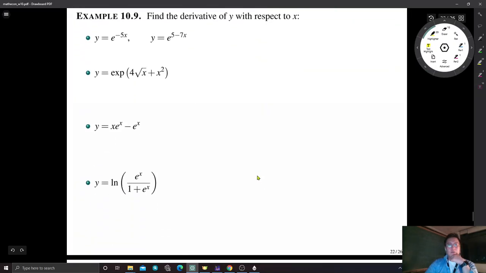Okay? So for example, we have e to the power 5 minus 7x. Okay? Some function of x in the position of exponent. And then the way to find the derivative is, so y prime is, we rewrite this function and then multiply by the derivative of the power, negative 7.